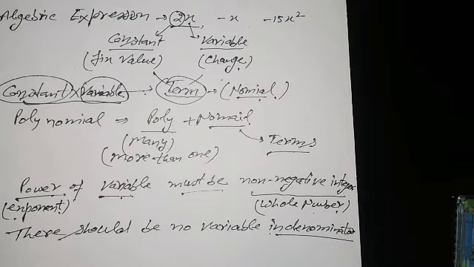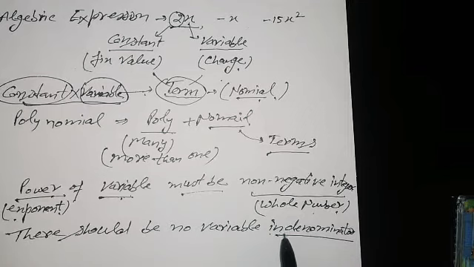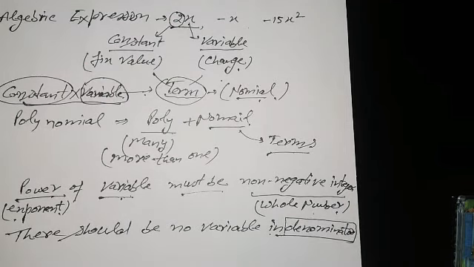There should be no variable in the denominator. Now, if I combine all the above words, we can get the definition of polynomial.